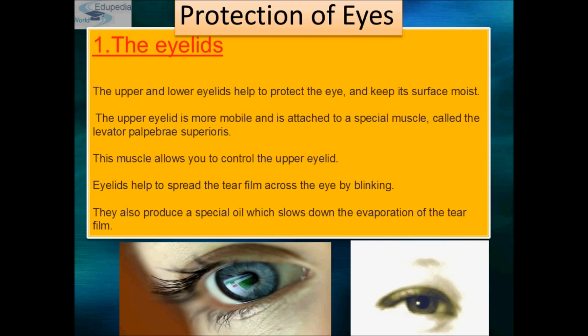As I have told you, the eyelid's key function is to keep the surface of the eye moist. So the meibomian gland, which I have already taught you in my previous section of the presentation, lies within the eyelid and secretes the lipid part of the tear film. So first protection of eye is by eyelids.